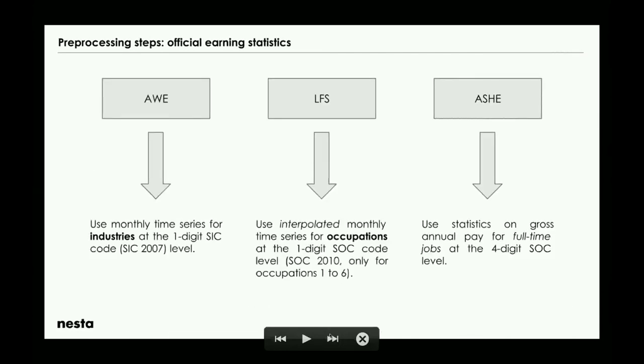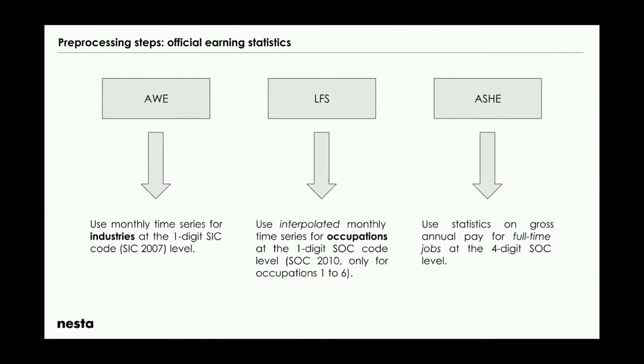So the final outputs are multi-time series, which means we want similar outputs from the official statistics. As mentioned, at least for forecasting, annual weekly earnings and the Labour Force Survey are resampled to monthly time series, for example, for the LFS by using linear interpolation to get the monthly measurements.